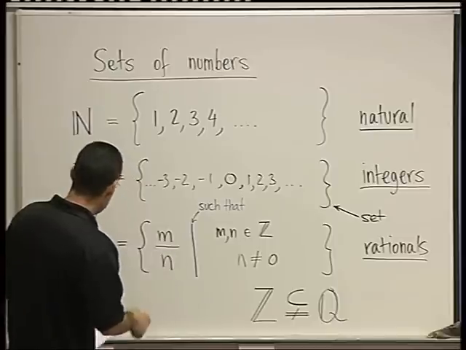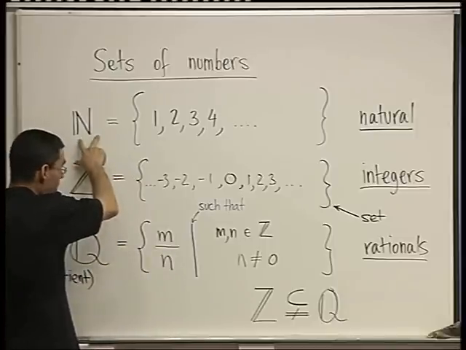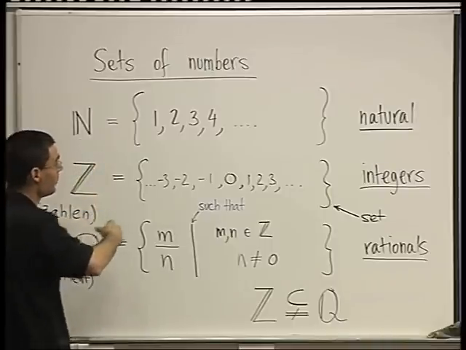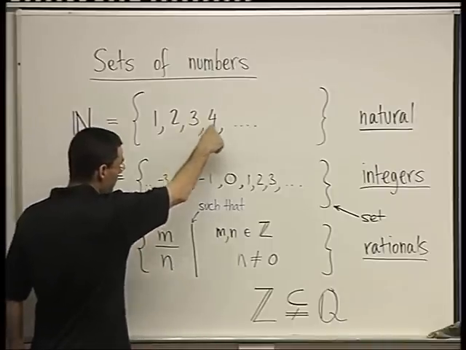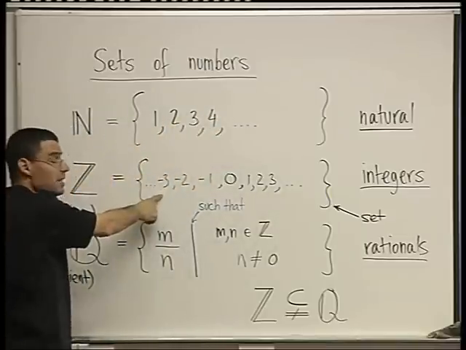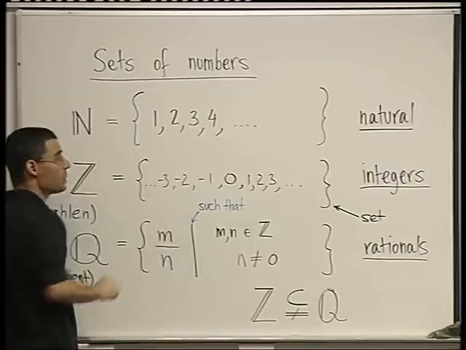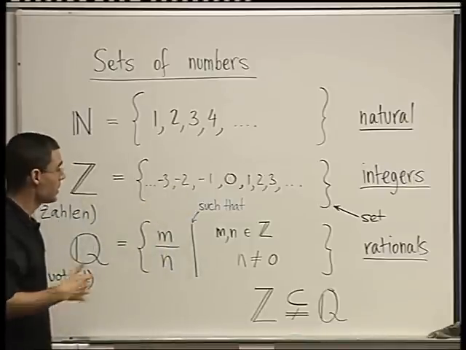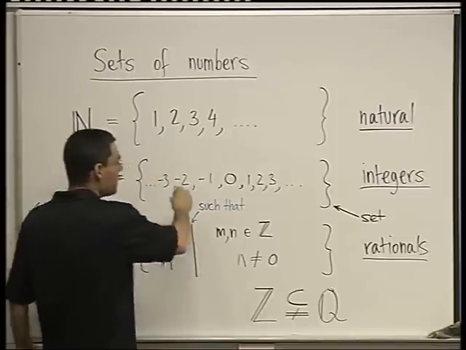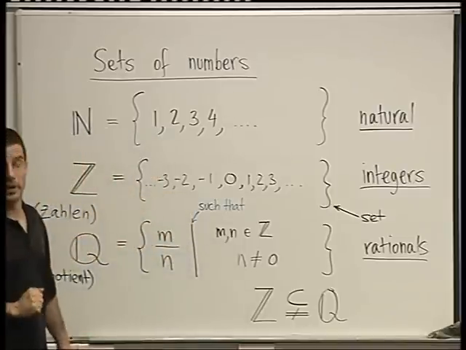And if you think for a minute, in the naturals, we couldn't solve equations of the form 3 minus 4 equals. It wasn't defined. But it was defined in the integers. In the integers, we can't solve things of the form 3 times x equals 1, right?